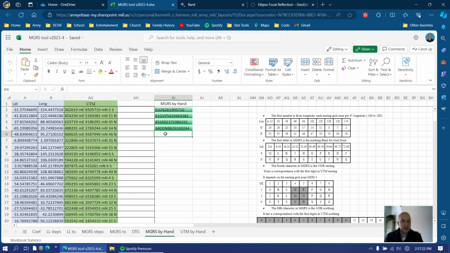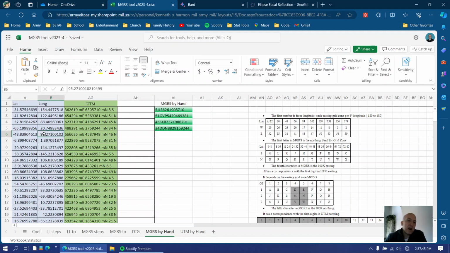So the formulas have done all their work here to get the meters, but now we need to get it into MGRS. The first number in MGRS comes from which grid zone we're in, east to west. So we look at our longitude first.